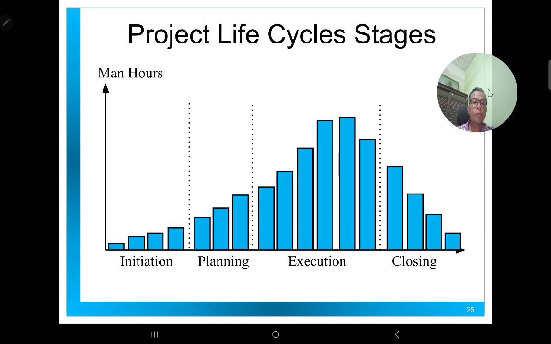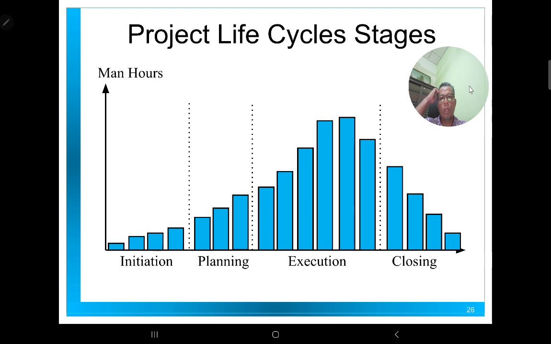So in terms of the implementation, usually the unit used for project implementation is man hours. Man refers to how many people are required to perform, and how many hours are required by that particular human resource to implement the project.